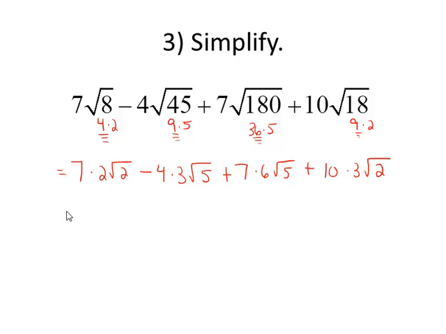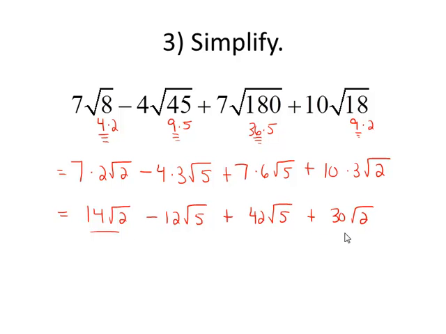Let's clean up each term a little bit first. This is 14 square root of 2, 7 times 2, minus 12 square root of 5, 4 times 3, plus 42 square root of 5, 7 times 6 is 42, plus 30 square root of 2, 10 times 3 is 30.